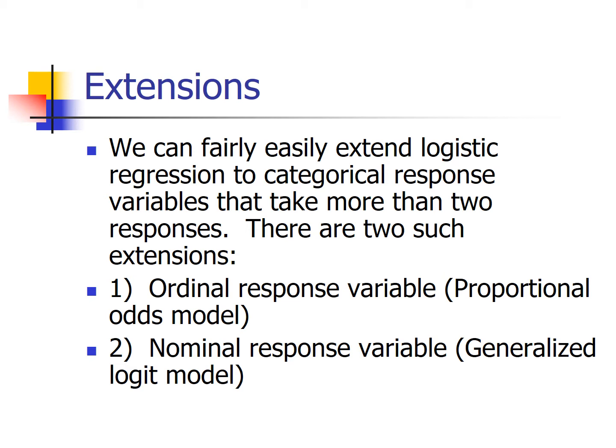Remember, an ordinal response variable is one where the categories of y have an inherent natural ordering. The second situation is a nominal response variable, where the categories do not have a natural ordering. In this case, we would use the generalized logit model. We're going to talk about the proportional odds model this week and the generalized logit model next week.